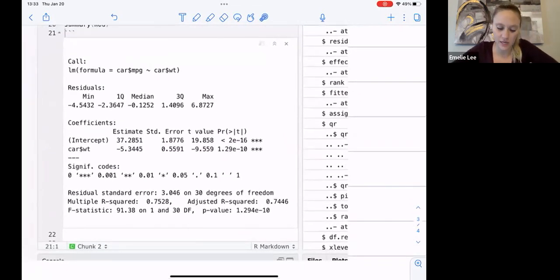So it tells me what I told it to do, and that's probably a good thing, because otherwise you might not remember what you told it to do, and maybe it wasn't what you meant to tell it to do. So that's good, just as a reminder. And then it gives us the 5-number summary of the residuals. Now, usually we don't really pay attention to this because we're going to dive deeper into the residuals later.